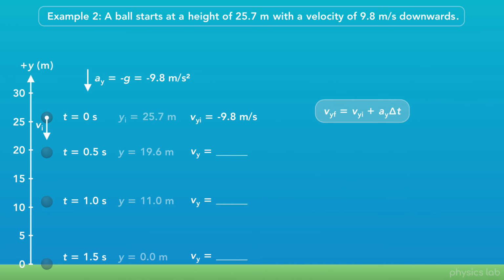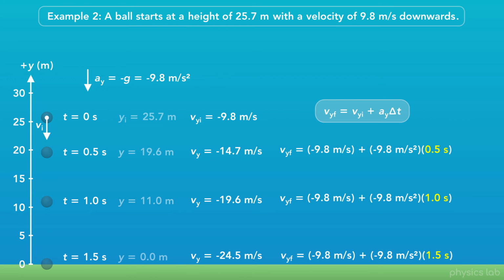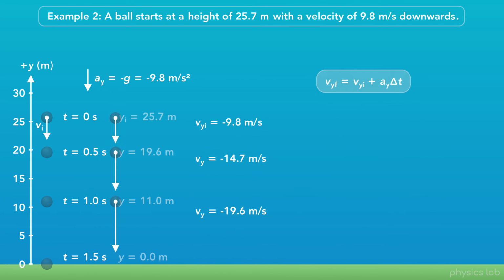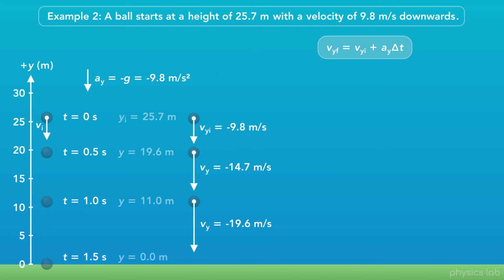Now let's find the velocity at each time point using this equation. We plug in negative 9.8 meters per second for the initial velocity, negative 9.8 meters per second squared for the acceleration, and we plug in each time value. Here's what the ball's velocity vector looks like at the first 3 time points.